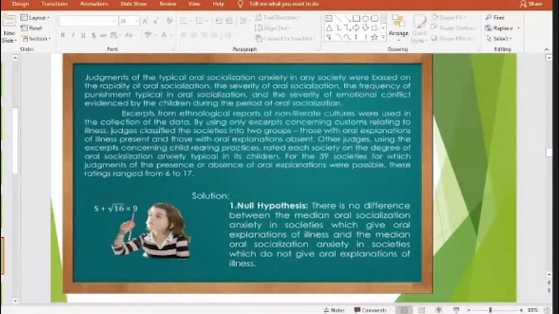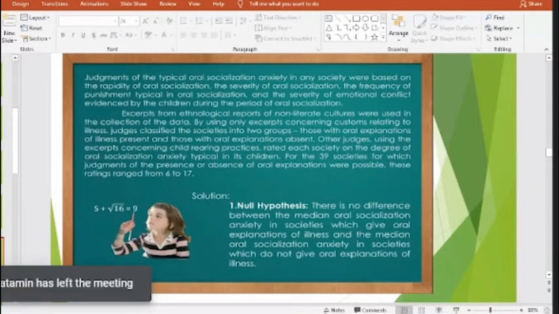Excerpts from ethnological reports of non-literate cultures were used in the collection of the data. By using only excerpts concerning customs relating to illness, judges classified the societies into two groups: those with oral explanations of illness present and those with oral explanations absent.